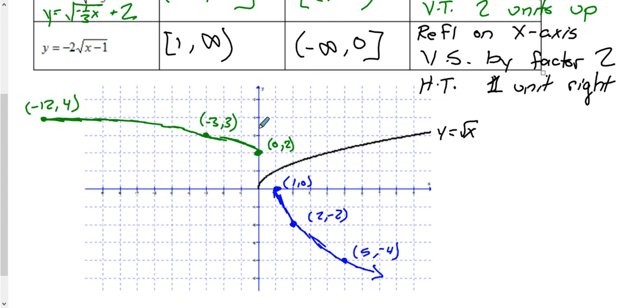So on our original, I was able to plot 0, 2, negative 3, 3, and this one over here I'm totally guessing, but negative 12, 4 should be off the grid and off to the left there. On our last graph here, I'm starting off at 1, 0, 2, negative 2, and 5, negative 4, and again, I'm just connecting my dots, and that's where I get my graph.